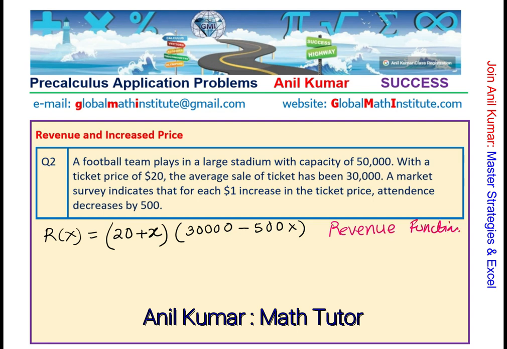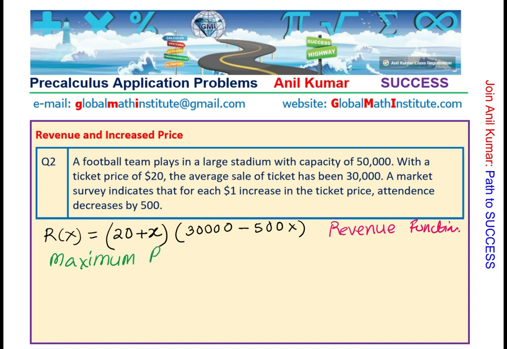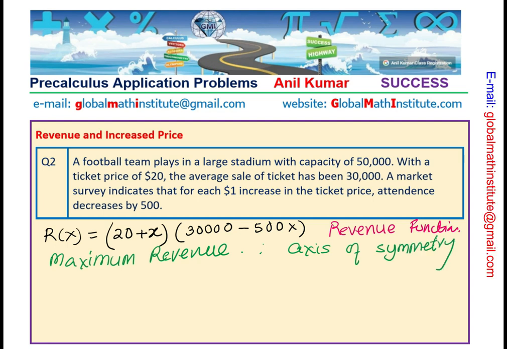Now the question is, how do we maximize this? Now to maximize the revenue, you can apply many different strategies. Graphing strategies, calculus. Here I'm going to use a very important method, and that is I'm going to use axis of symmetry. We know that this is a parabola.